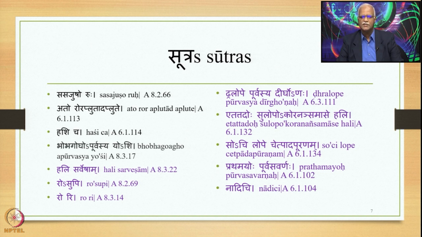So part of Hali Sarvesham is what we are going to study in this lecture, and then there are some other sutras, some exceptions that we also study in this particular lecture. Namely Rosupi, Rori, Dralope Purvasya Dirghonaha, Etaptados Sulopo Akoranai Samase Hali, Sochilope Chet Padapuranam, Pratamayo Purva Savarnaha, and Nadichi.